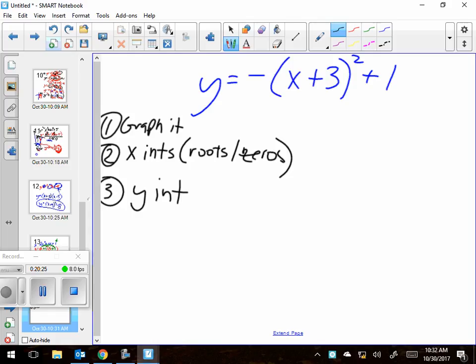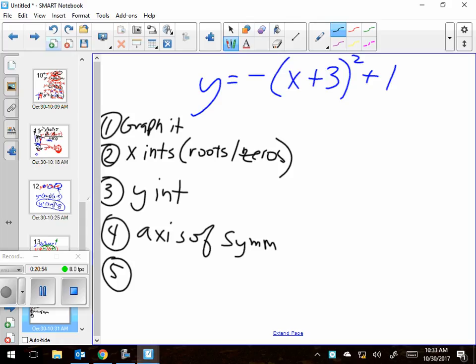Okay? We got the x and the y-intercepts. You can also tell me the axis of symmetry. It's that little line that runs right down the middle of the parabola. If you got the picture drawn, it's easy. Otherwise, if you kind of know where the vertex is, it's also pretty easy. Axis of symmetry.